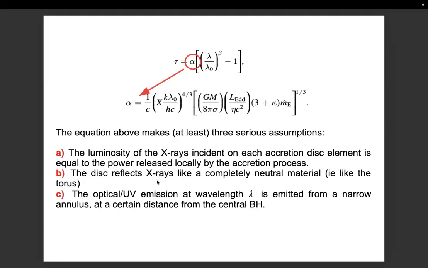It's important to know how much of the X-rays are reflected, because that's the only way to compute how much of the X-rays are absorbed and increase the temperature of the disk. And there is also the assumption that each wavelength is emitted by a single radius. That's not true. It's a whole range of radii that emit in the U-band, B-band, V-band. So all these simple assumptions can lead to erroneous results when you fit them to the data.